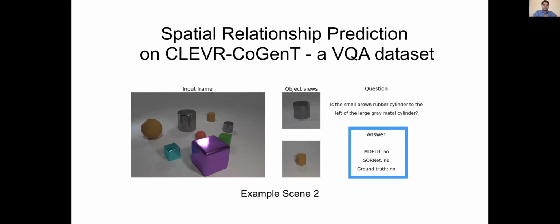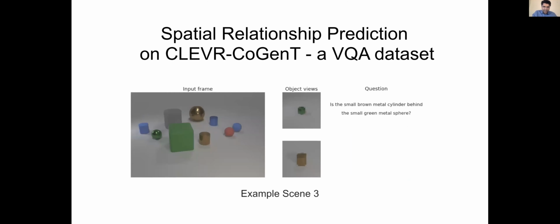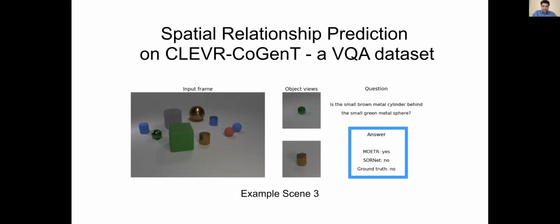And the way we are trying to disambiguate in terms of scale, so this dataset has adjectives that talk about small, medium, large, and so forth, is to give SORNet object views that are already scaled. So it has a scale difference between the 2 objects in terms of size. Here is another example.